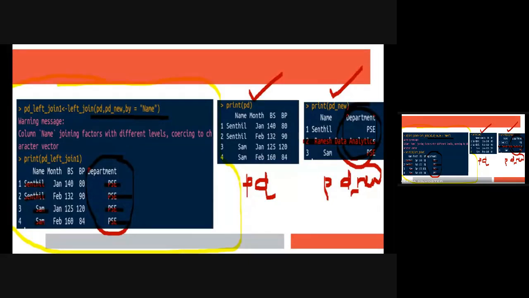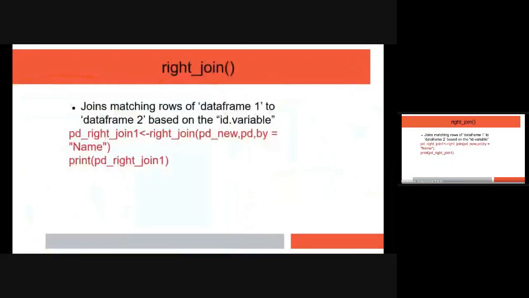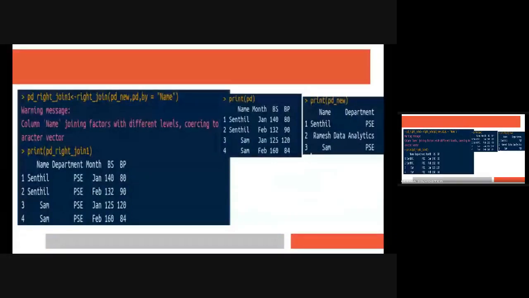Then about right join. It joins matching rows of data frame 1 to data frame 2 based on the ID variable. Instead of the left join, we are using right join here. And the remaining things are the same. Here, the only difference is we have to add the department to the right of the name field. After the name field, you have to write the department column.